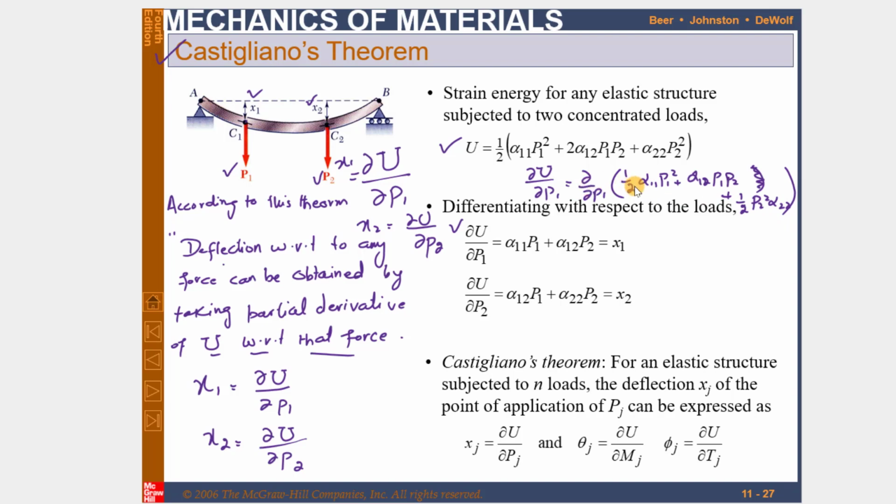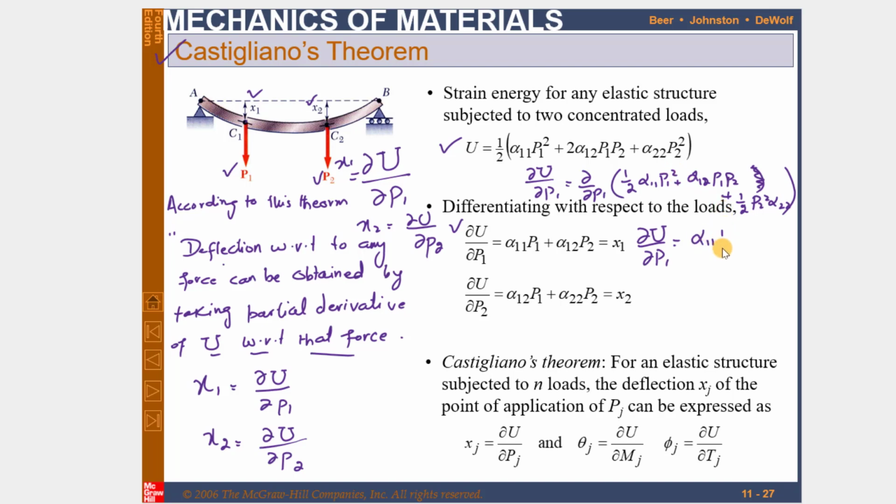So if you take the partial derivative of this, let me write partial u over partial P1. The first term will give you A11, and this 2 will be cancelled because if you differentiate it, the power will reduce to 1 less than the power available.